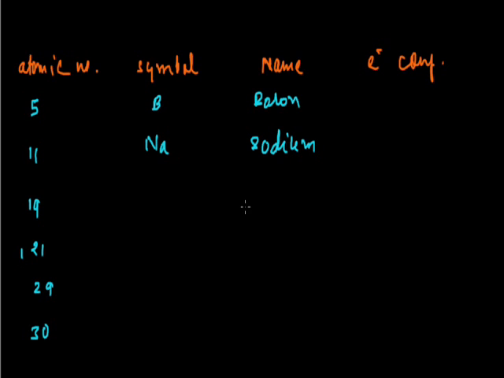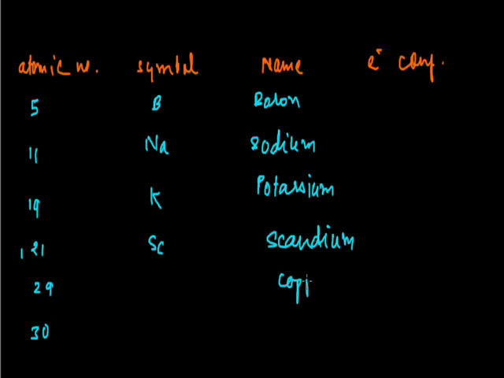The element which has atomic number 19 is potassium, and the symbol is K. The element with atomic number 21 is scandium, symbol Sc. And the element with atomic number 29 is copper, and its symbol is Cu, and at last it is zinc.